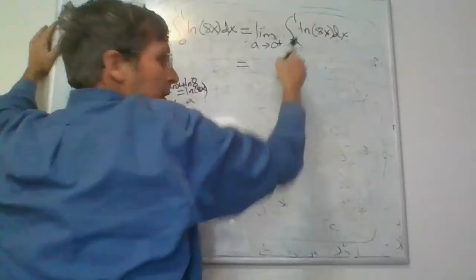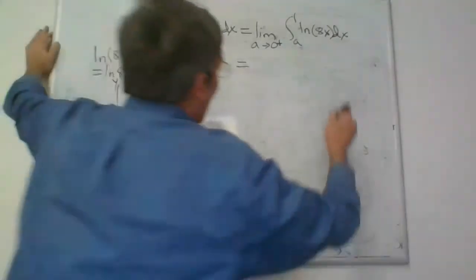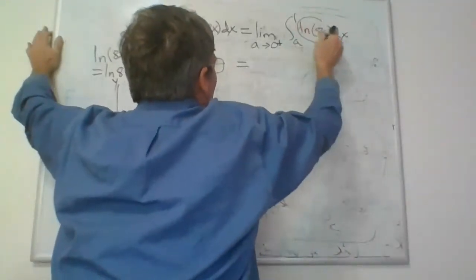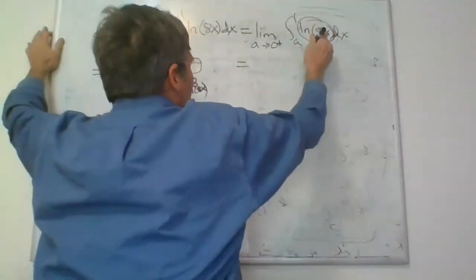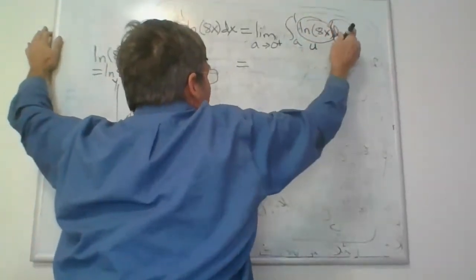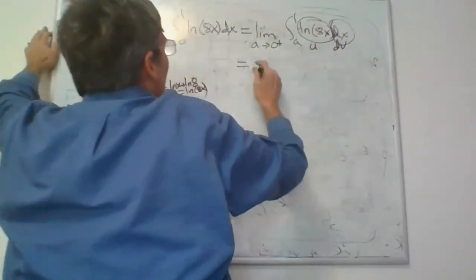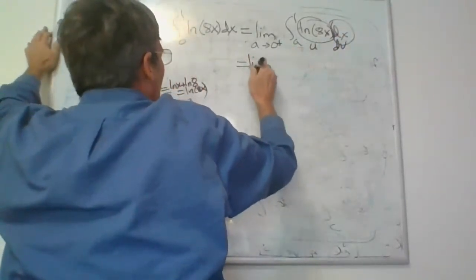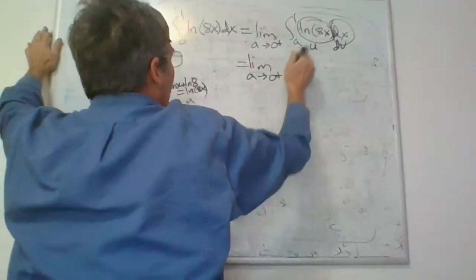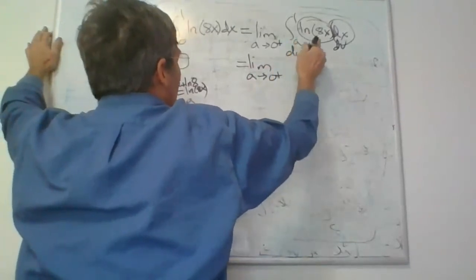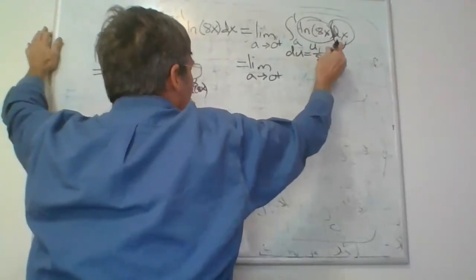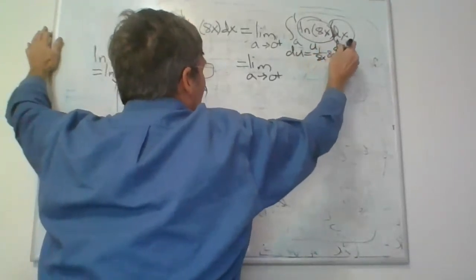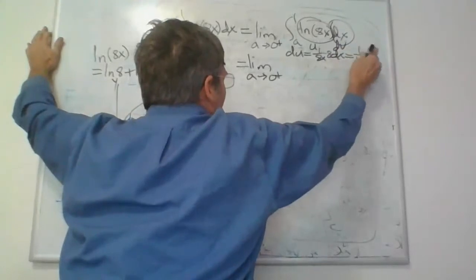Now, how do you integrate ln 8x? Remember that one? It's testing your recent abilities. When you have a logarithm in here, often integration by parts. Let's try u for ln 8x and dv for dx. Then this is the limit as a goes to 0 from the right, and if u is ln 8x, du is the derivative of ln 8x, which is 1 over 8x times 8 dx, just 1 over x dx.